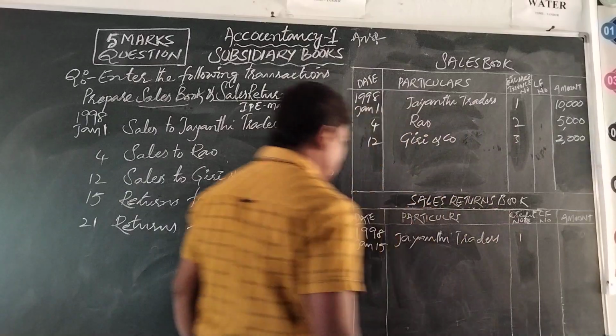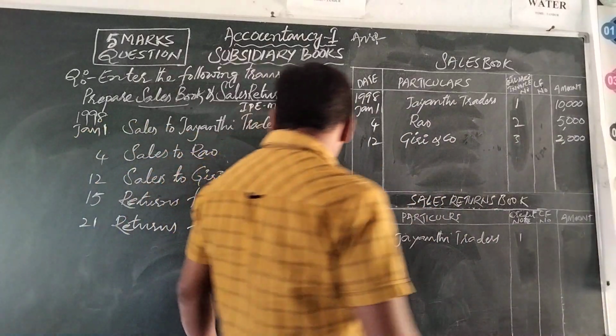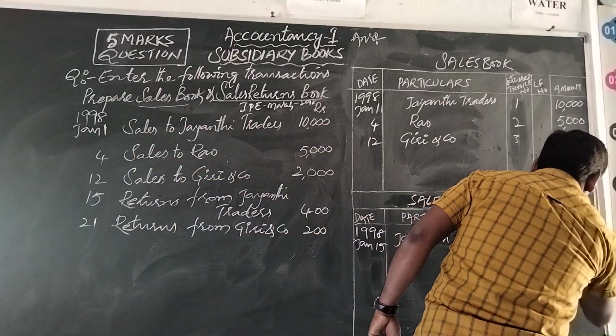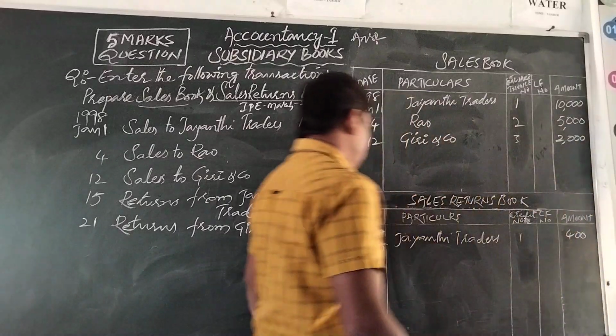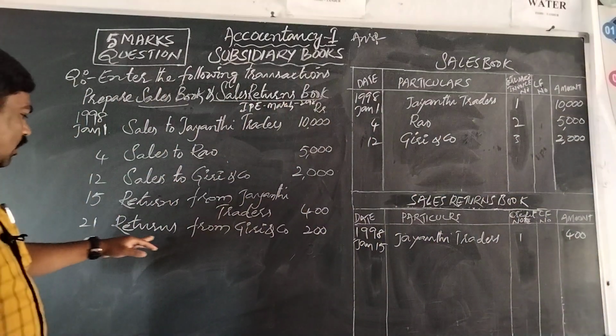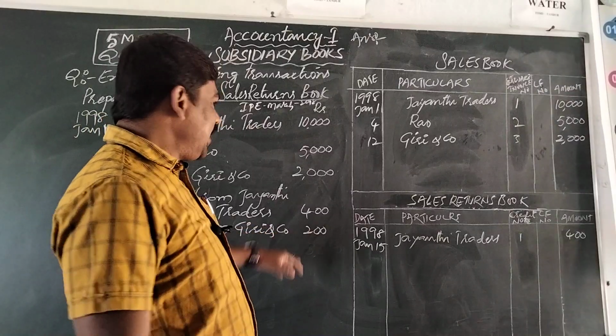Here credit note number, imaginary number 1, and amount rupees 400. Okay. Next, come to returns from Giri and Company.